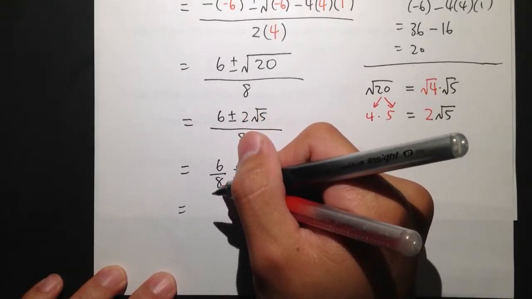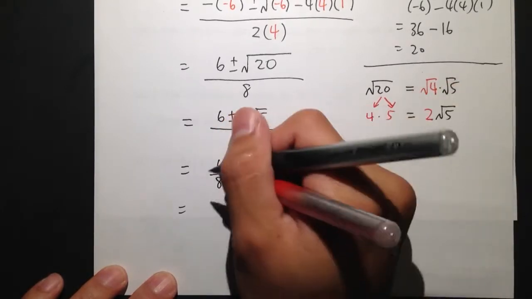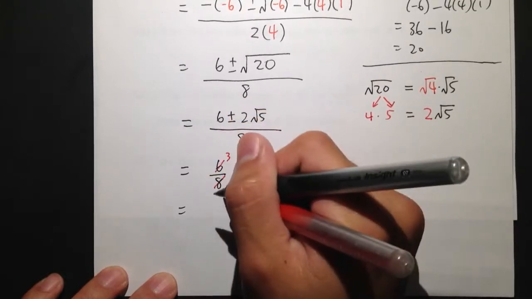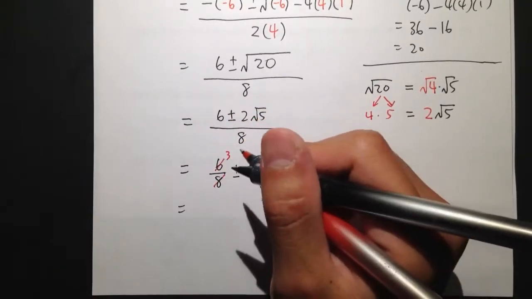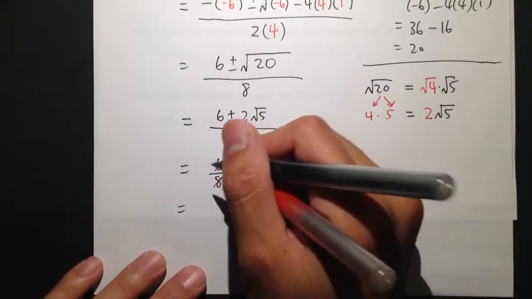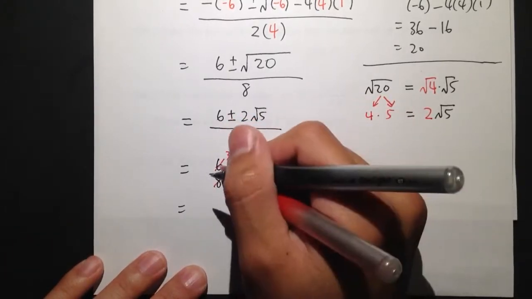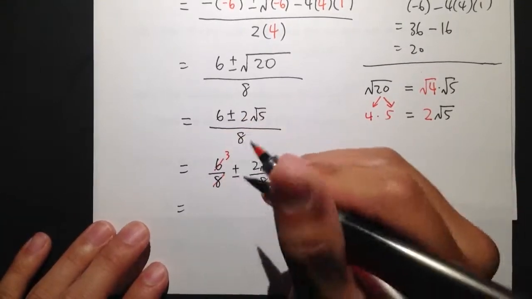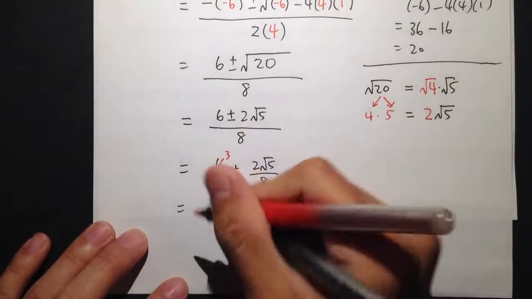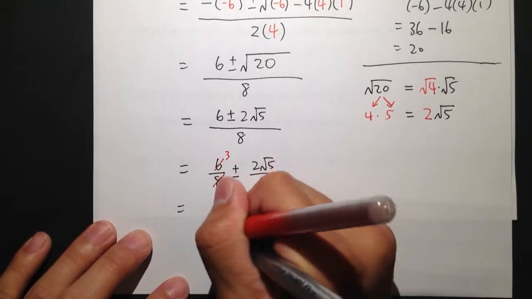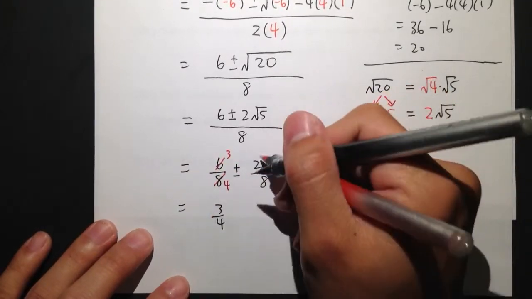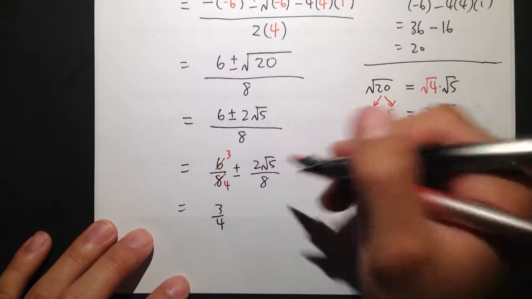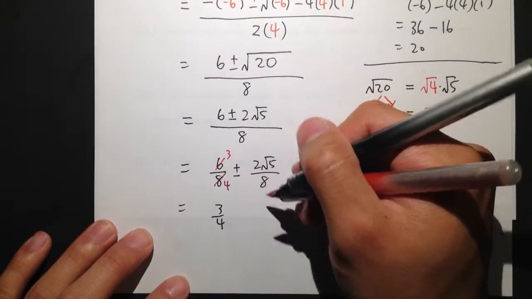6 over 8, which is equal to, I can reduce that. 2 goes into 6 3 times. 2 goes into 8 4 times. So I get 3 over 4. And then right here on the second fraction, I have 2 over 8. I can only reduce the numbers that are both outside of the square root.